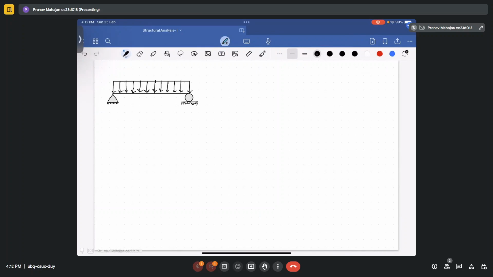If you draw the bending moment diagram for this beam, it will be like this, and it has a maximum value of qL square upon 8, and the equation of this curve will be qL by 2 into x minus q x square upon 2, that will give you bending moment. So this is your bending moment diagram.